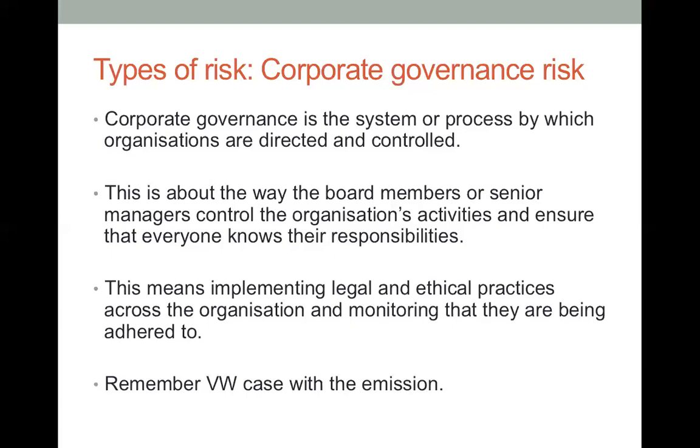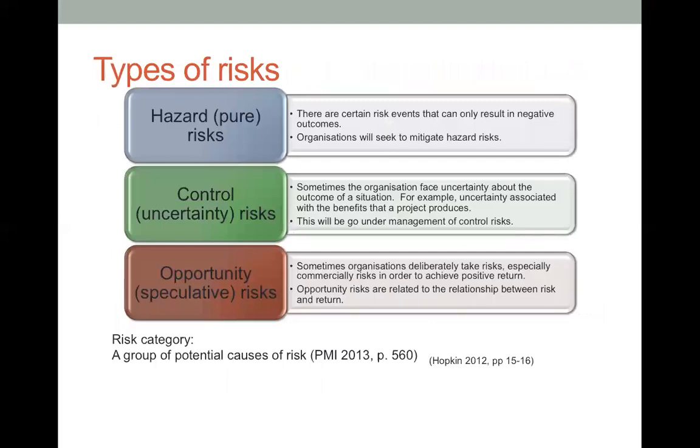Now, some other experts also suggest a different type of risks. These guys suggest that risks can also be classified into hazard, control, and opportunity. Hazard risks, also labeled as pure risks, are basically any negative outcomes.